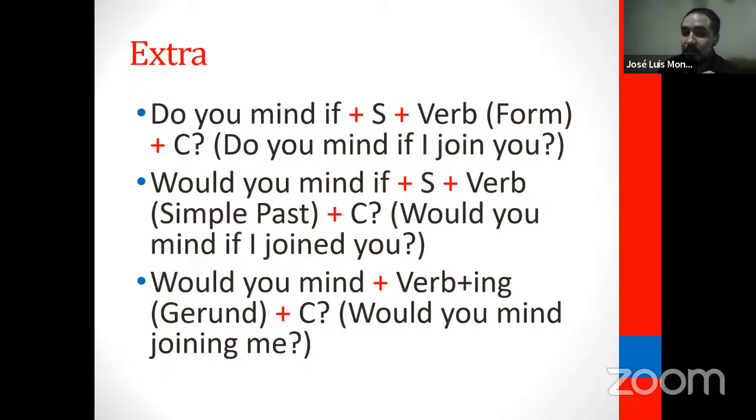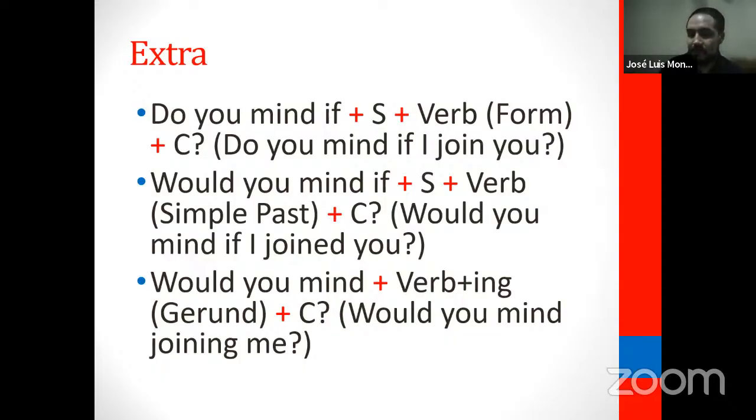Good. One more, please. Would you mind plus the verb with ing? Would you mind playing the guitar? Yes, playing the guitar, right in the second part. Good. That's like a request.